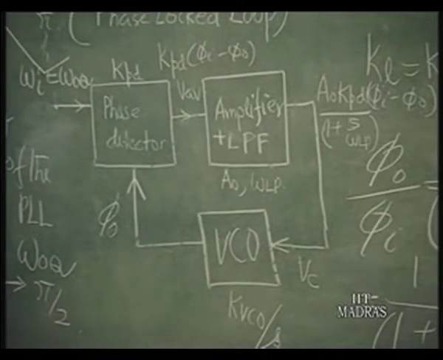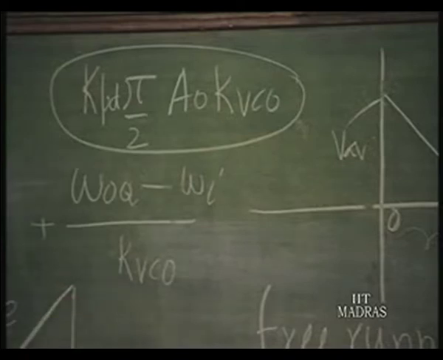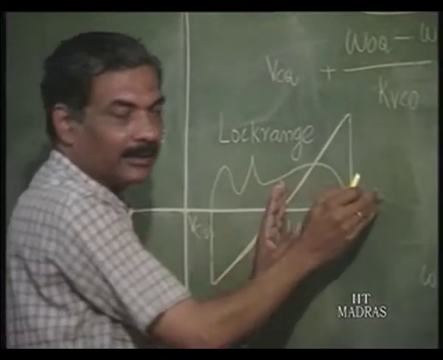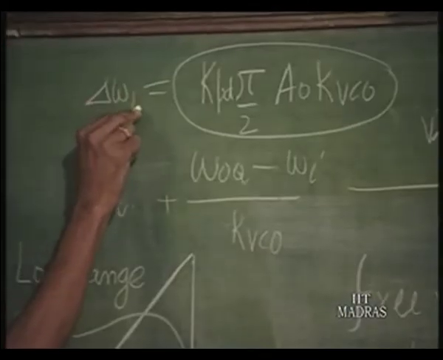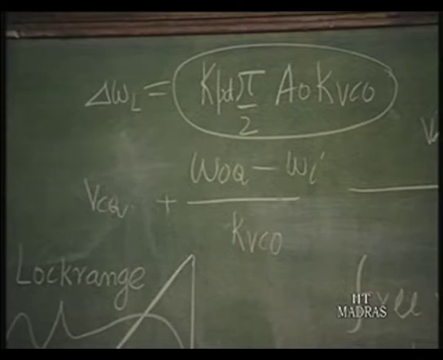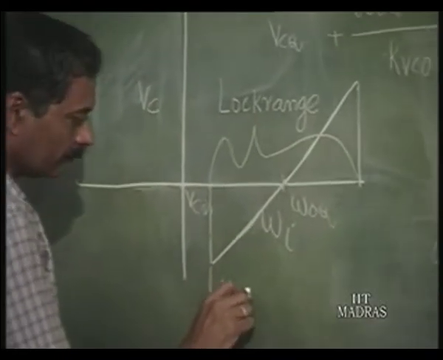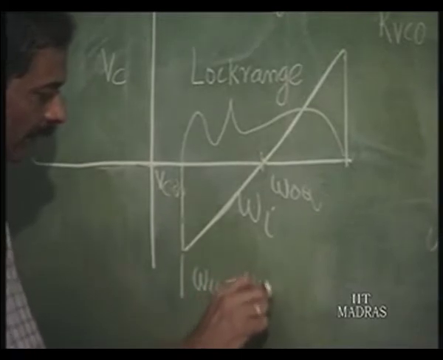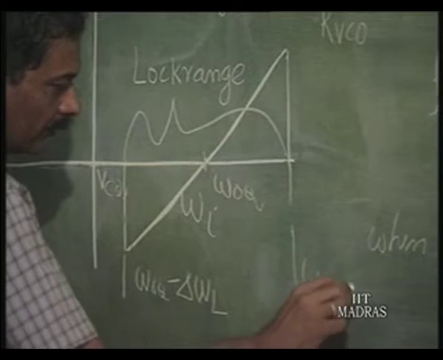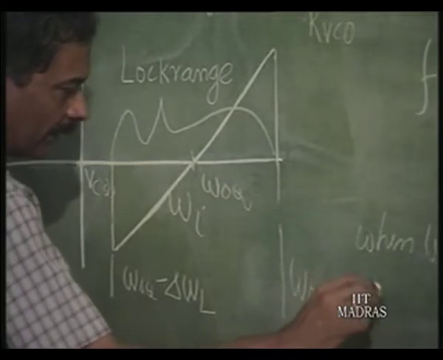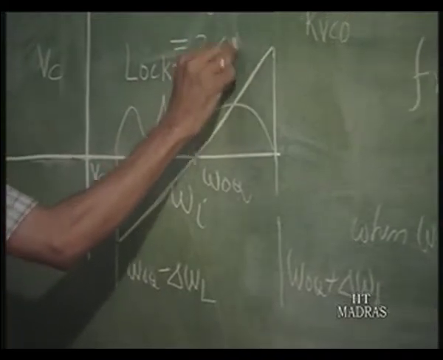So, this is the lock range from omega naught q on this side and this on this side. We will call this delta omega L. So, this limit is omega naught q minus delta omega L. This is omega naught q plus delta omega L, or the lock range is 2 delta omega L.